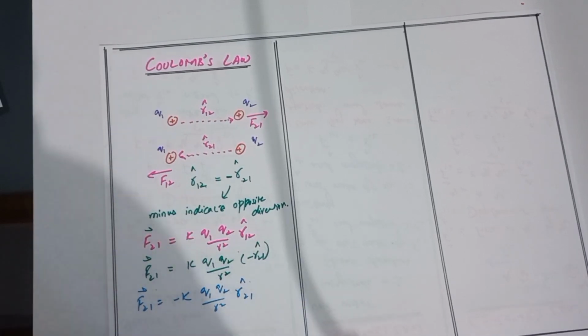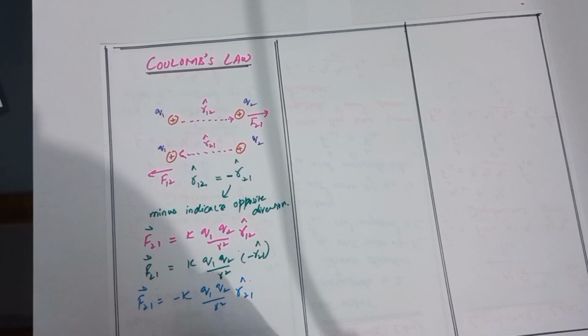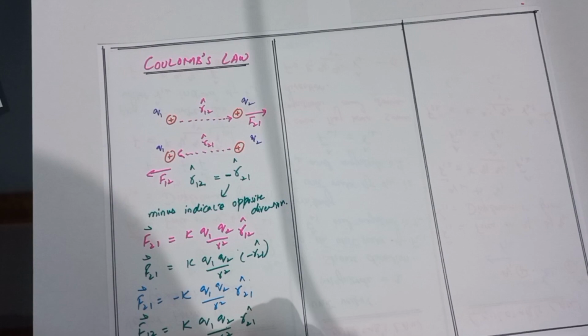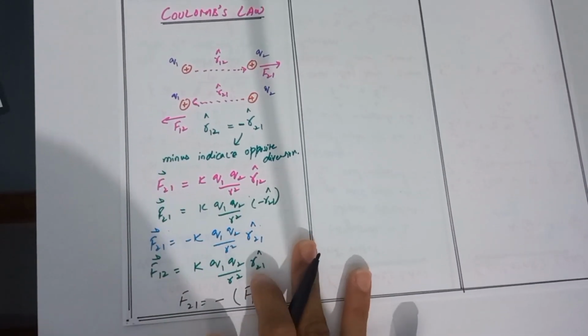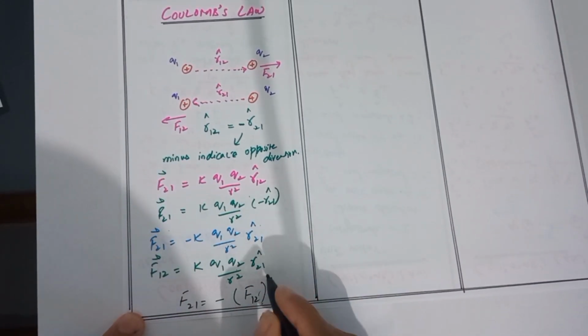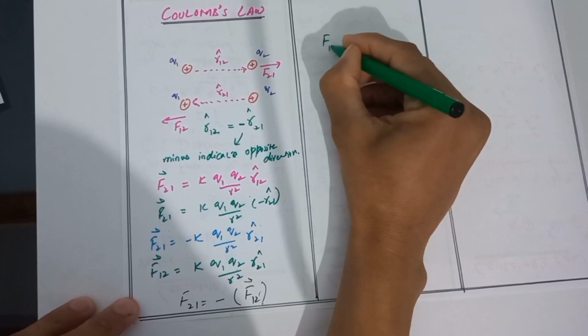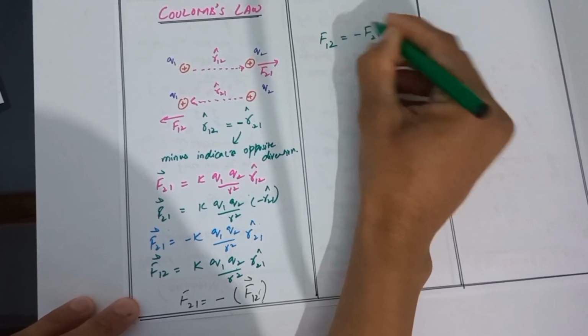We also know that F12 is equal to K Q1 Q2 upon R square into R21 unit vector. So F21 is equal to minus this, which is F12. Finally we get F12 is equal to minus F21.